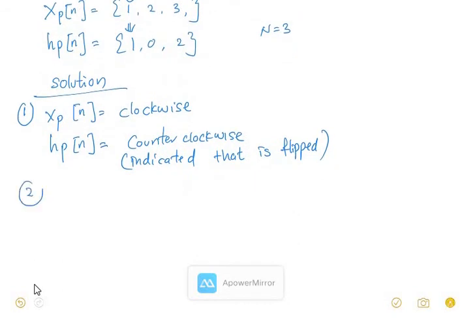The second step that you need to know is rotate. How many times do I need to rotate, because it's the cyclic method? It is n minus 1. The n given is 3, so 3 minus 1 equals 2. So 2 times I need to rotate.